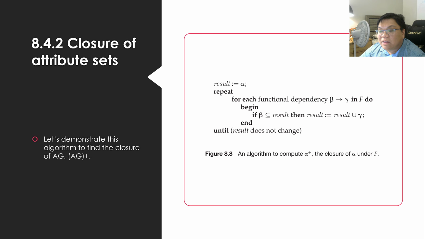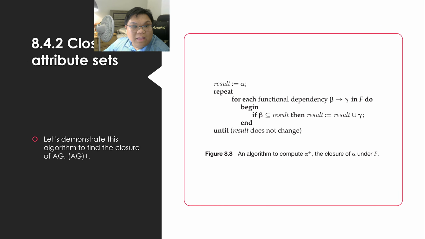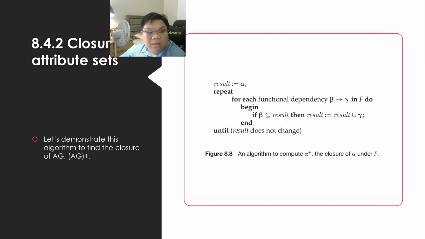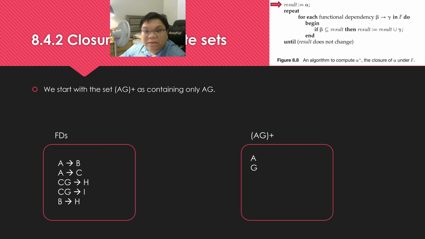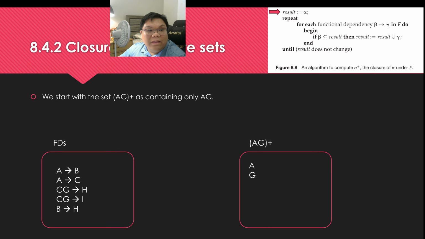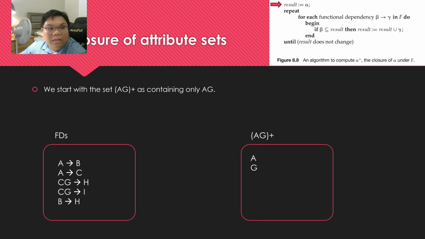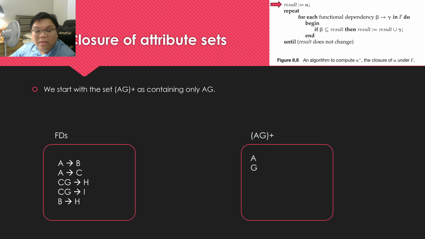So let's do an example. Using those same functional dependencies as before, let's determine AG plus, the closure of AG. So here's our algorithm back in the top, and here's my face cam out of the way. So we have our 5 functional dependencies down here.